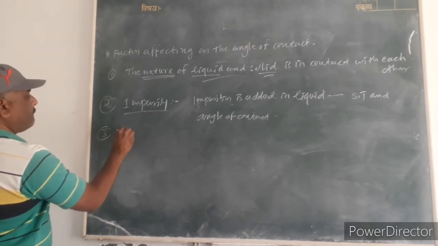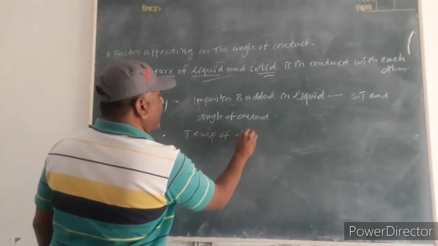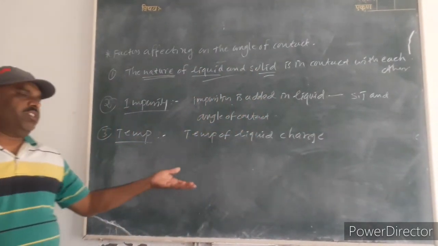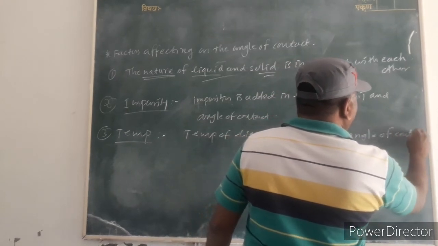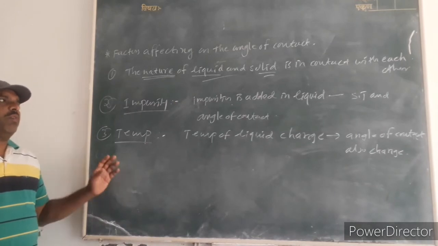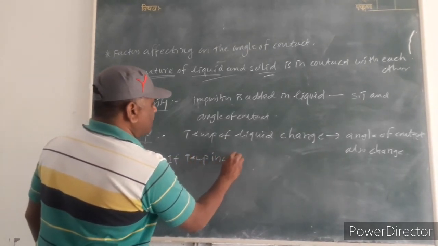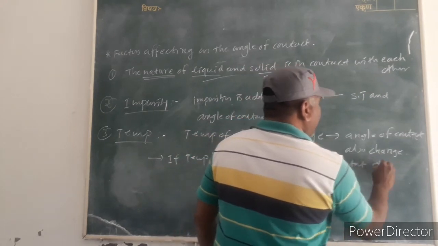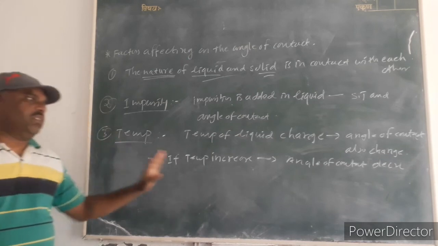And number 3, temperature. If the temperature of the liquid changes, that is, increases or decreases, the angle of contact also changes. Mostly, if the temperature increases, the angle of contact decreases.